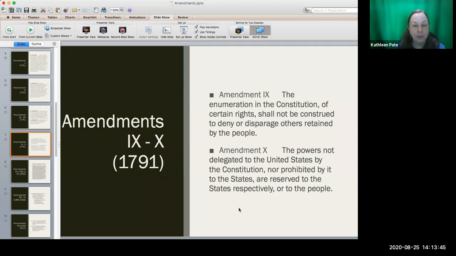But part of my argument is that the 18th Amendment and the 21st Amendment should not count. Does anyone agree with that argument? If you do, tell me so. Why do you think I would argue that we wouldn't count the 18th Amendment and the 21st Amendment?